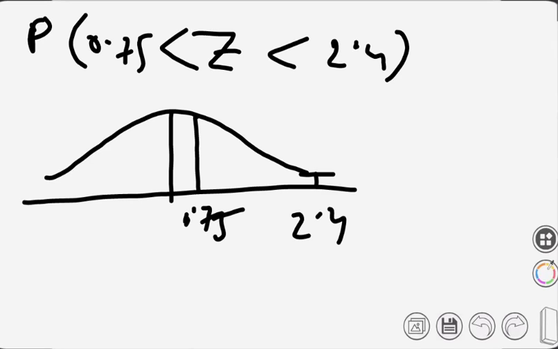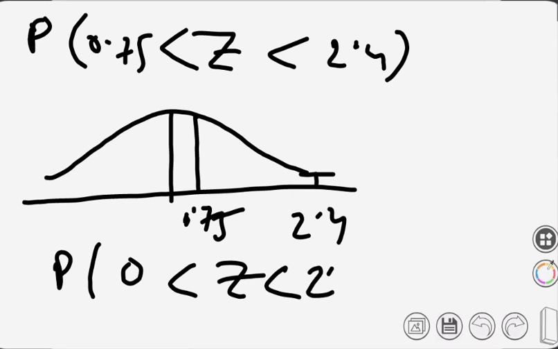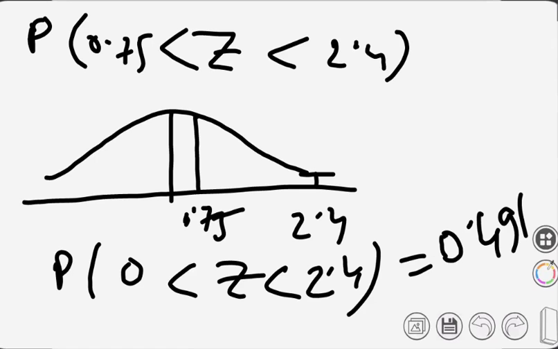What is the value for 2.4? What is the probability of 0 less than Z less than 2.4? It is 0.4918, isn't it?